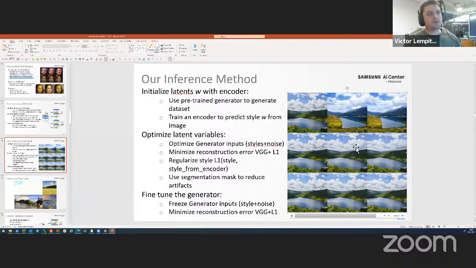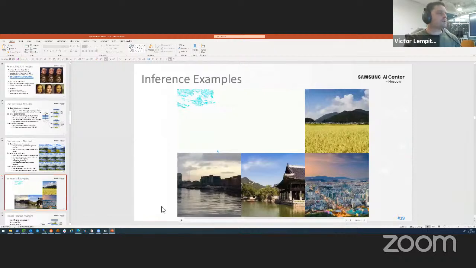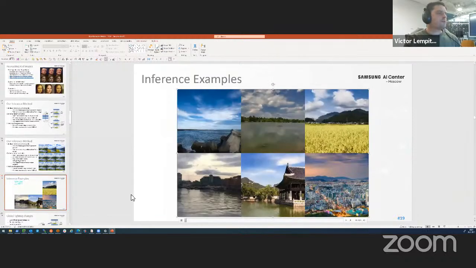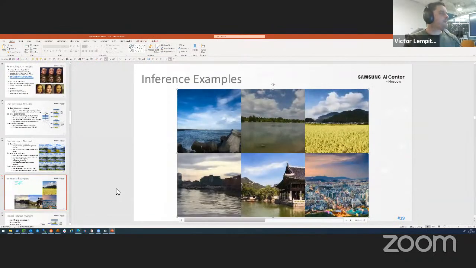Still, the results are blurry. There are some lost details in the clouds, and I think also in the foliage here. And after fine-tuning the generator, we get a really close fit, which also leads to nice animation. So here are some reenactment results for real photographs.